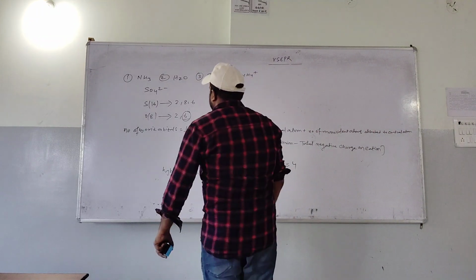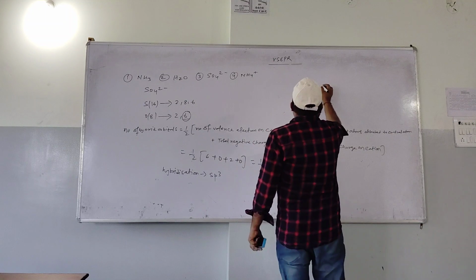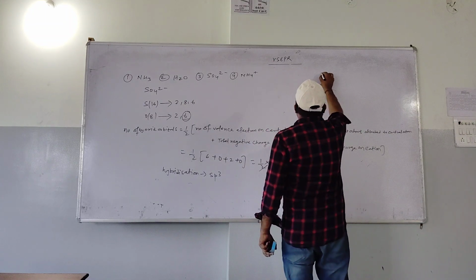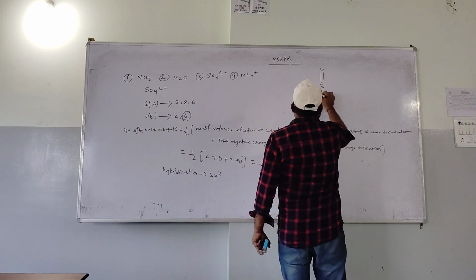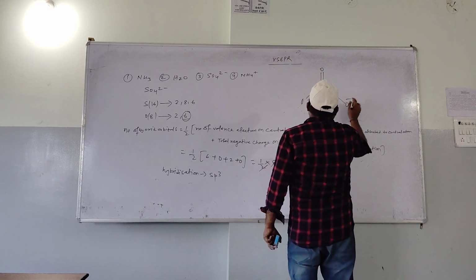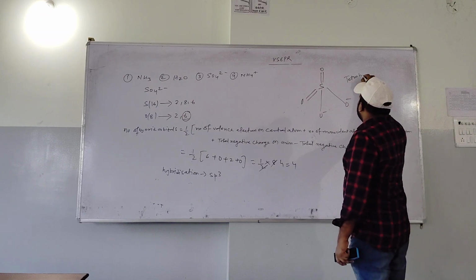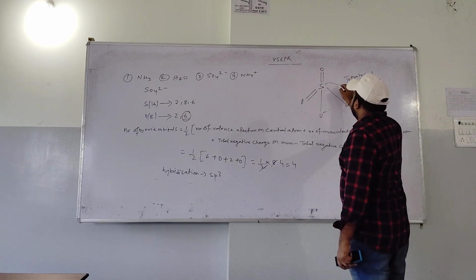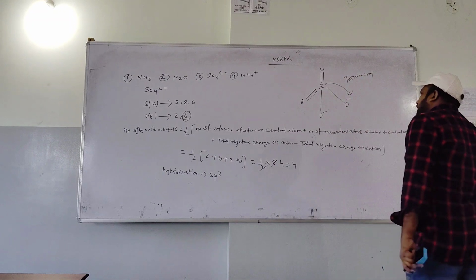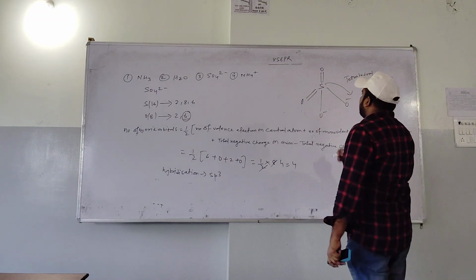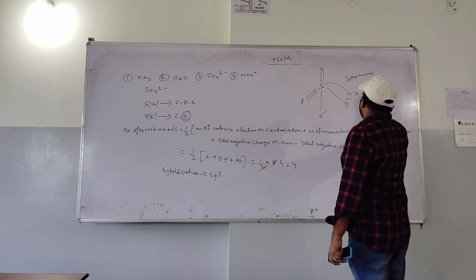If you talk about its molecular structure, its molecular structure is tetrahedral. Here sulfur is not obeying the octet rule. Sulfur has 12 electrons.